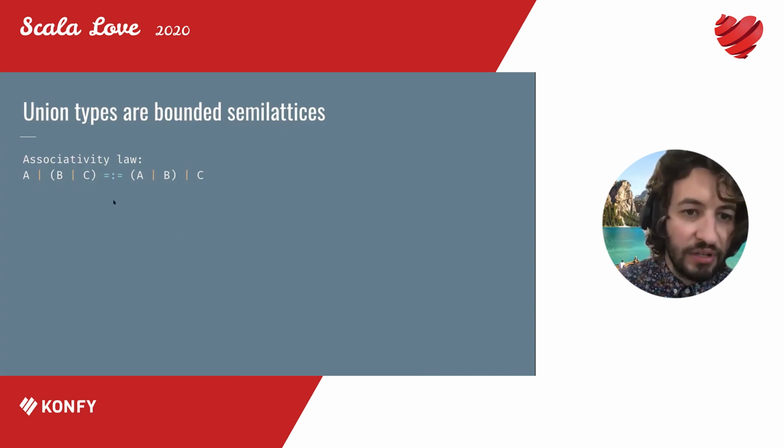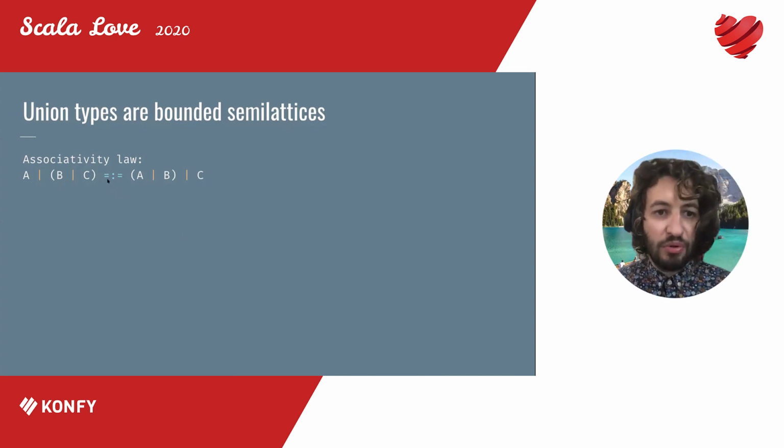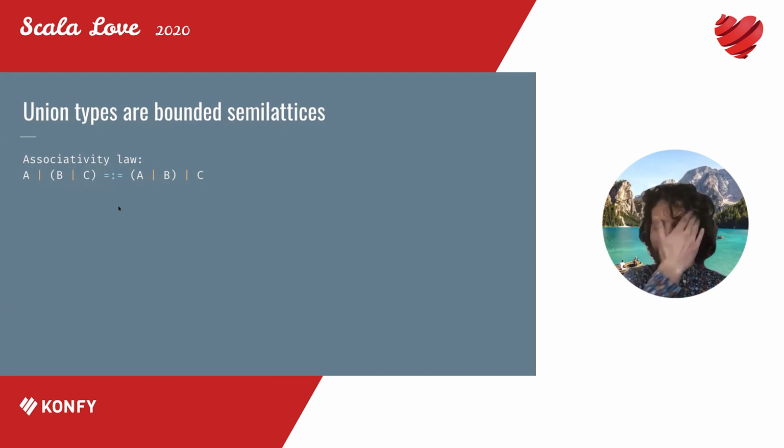I use this different symbol right here, equals colon equals. And basically, the difference here is that we don't have to say, oh, we can turn this into the other thing and back again. What we can do is just have the compiler prove it for us, right? So if we have a value of this type and we have a function that takes a value of this type, we can always put in a value of this type because the compiler actually treats them as equals, and that's really cool.